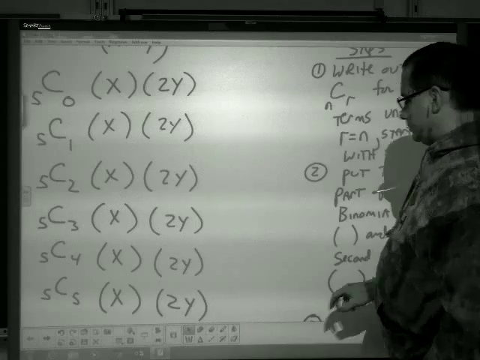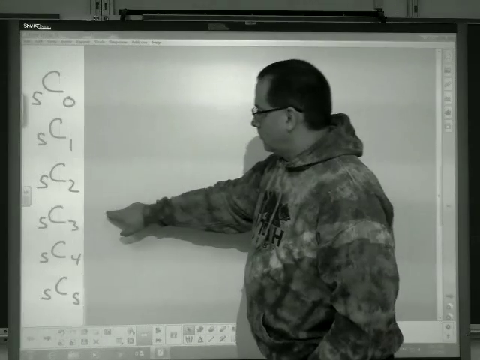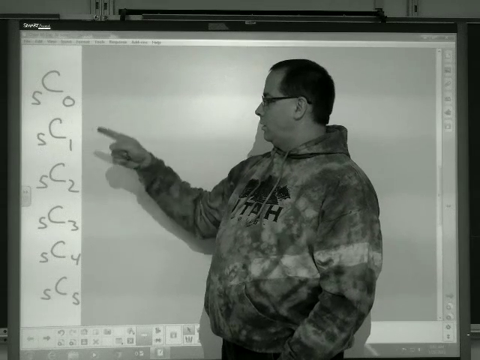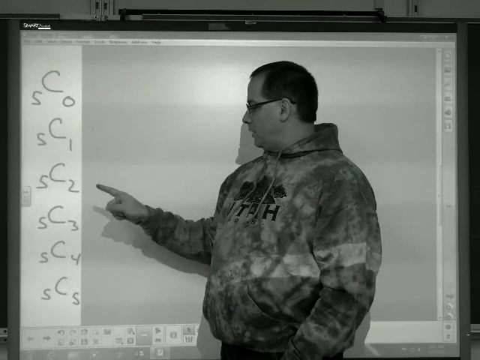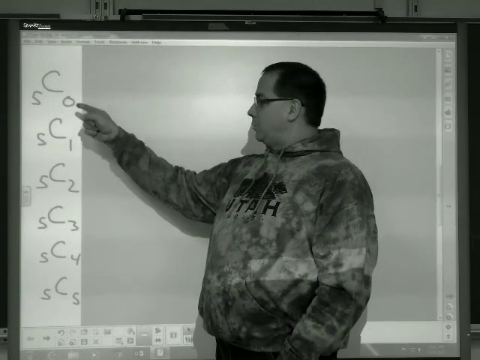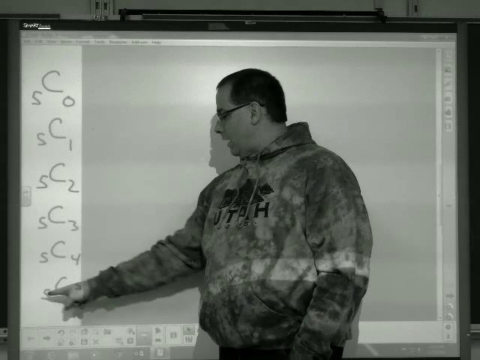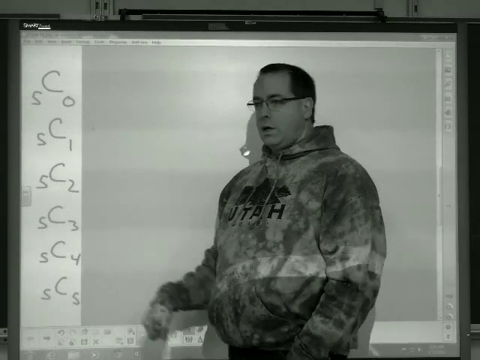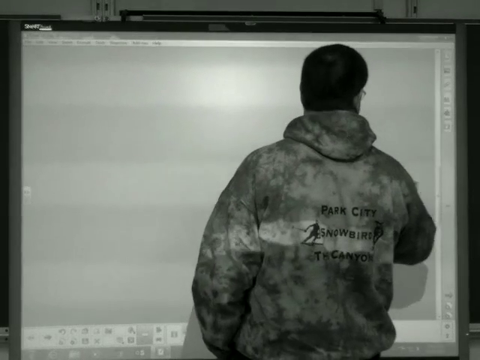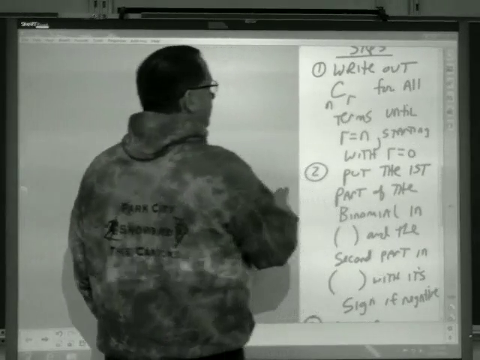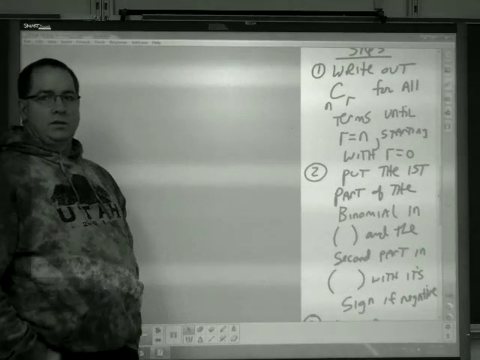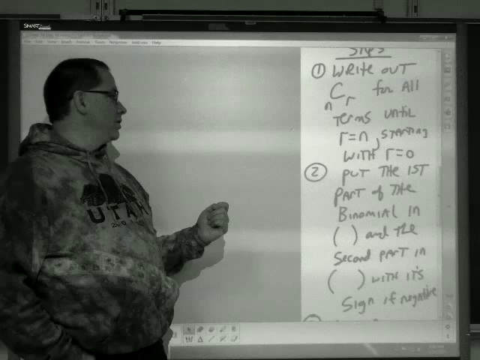All right, so I'm going to write out 5C0, 5C1, 5C2, 5C3, 5C4, 5C5. I start with 0. I keep going until I'm done with 5C5, until these match, okay? So that's my first step, all right? First step, write out nCr for all the terms until you get to where the two numbers match.